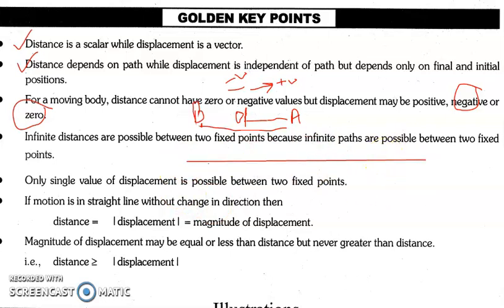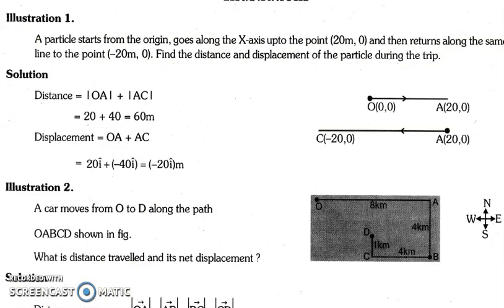So in this way, the magnitudes of distance and displacement would be equal. The magnitude of displacement may be equal to or less than the distance but never greater than the distance. This too must be clear, okay? These are a few examples which can be taken into consideration while understanding the concept of distance and displacement.